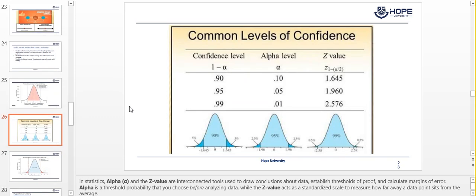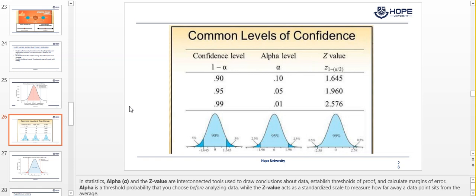Common levels of confidence interval. We express confidence level as a probability between 0 and 1, like 0.90, 0.95, 0.99.